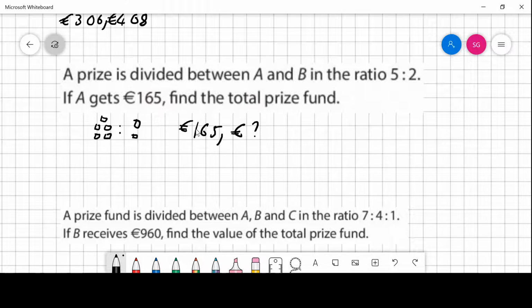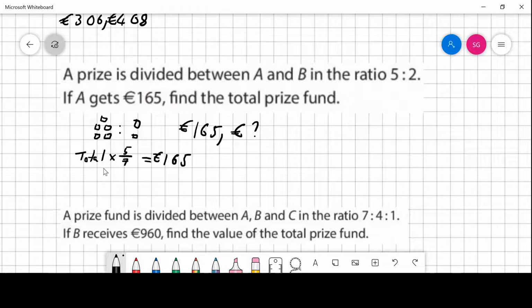Well, in order to get this section here, we need to take the total money. So total money multiplied by 5 over 7 is going to equal 165 euro, isn't it? So we can say sum total.